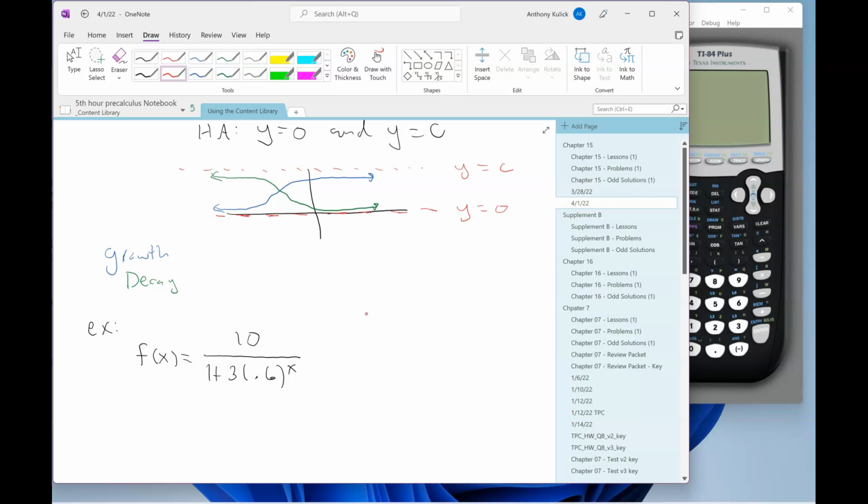This is logistic growth. The way that I remember this is if I look at the exponential piece, this is exponential decay. But since it's in the denominator of the logistic function, it flips to growth. It just inverts it. You know what I mean?